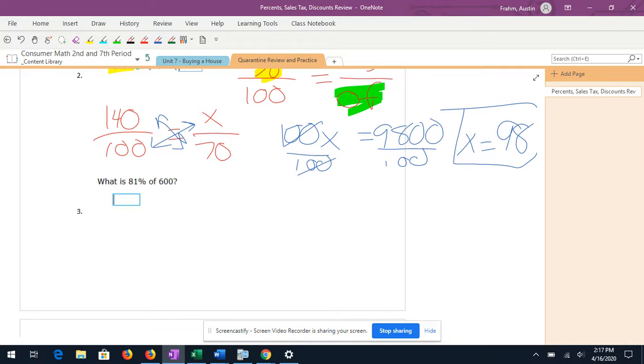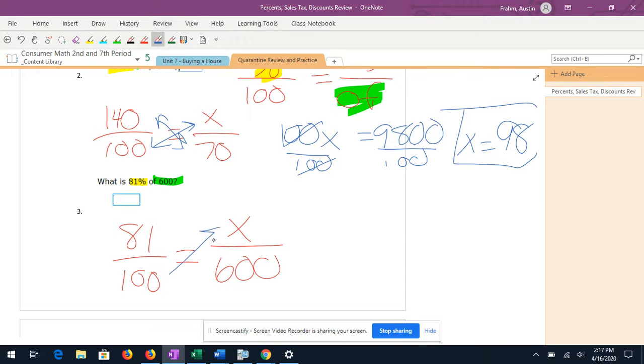What is 81% of 600? Again, they give us a percentage, and then they give us a value of 600. So if I set up my proportion, it would be 81 over 100 equals x over 600.